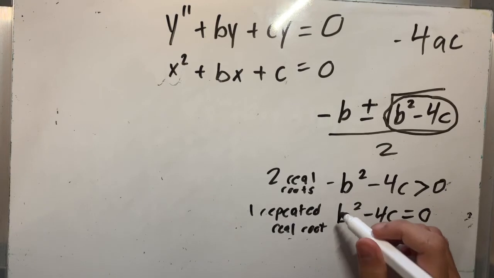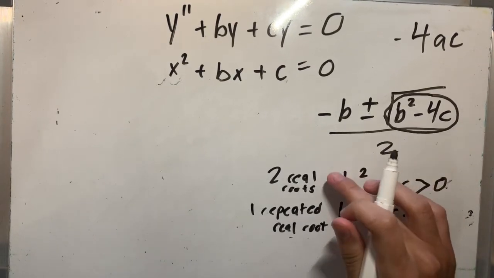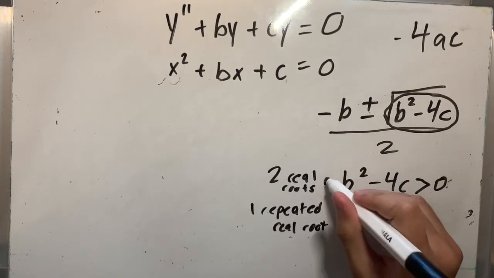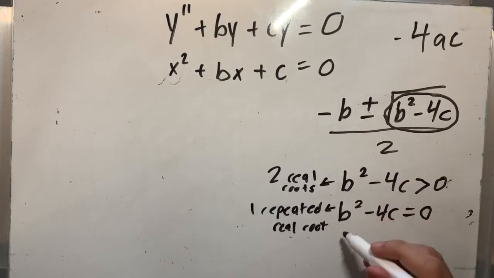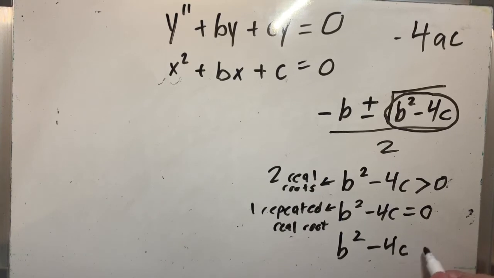And if b squared minus 4c is less than 0, then because there's a square root, there will be an i.